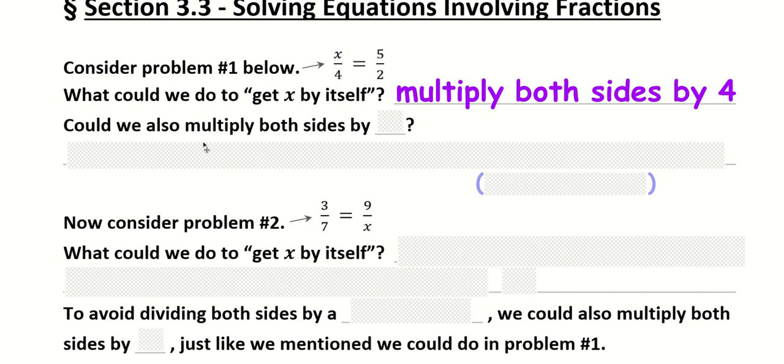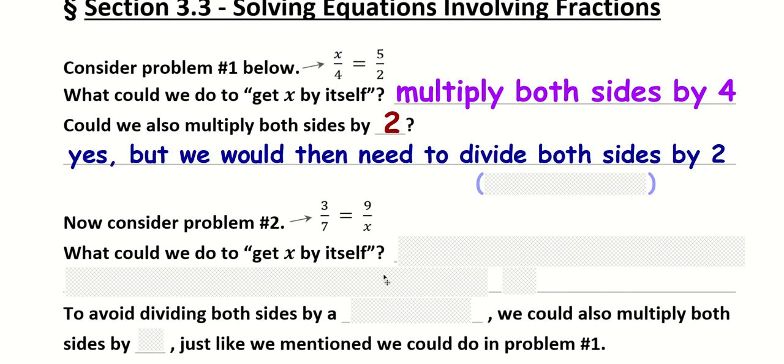Could we also, in theory, multiply both sides by 2? Because look over here, this says 5 divided by 2. If we multiply 2 to both sides, wouldn't this just turn into a 5, and then the 2 would end up over on the other side? Yes, but then we'd end up with a 2x over here.